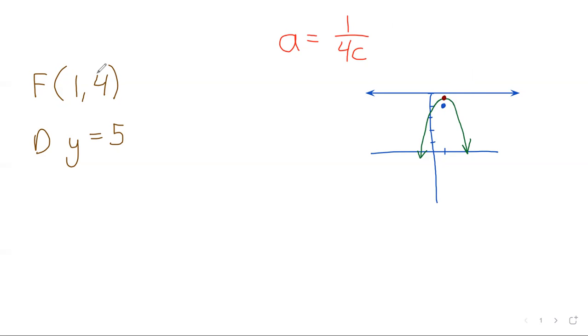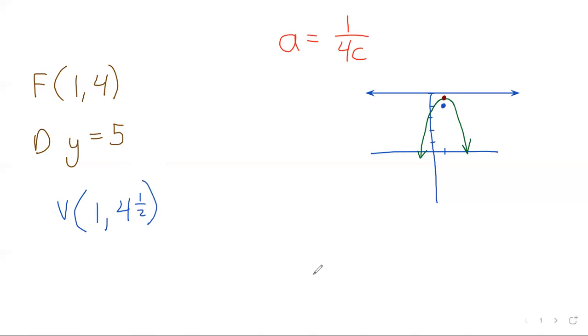And we can tell a couple of things from this. If the focus is at 4 and the directrix is at 5, the vertex is going to be right in between those two. It's going to have an x coordinate of 1, right above that focus, and a y coordinate of 4.5, right in between the focus and the directrix.